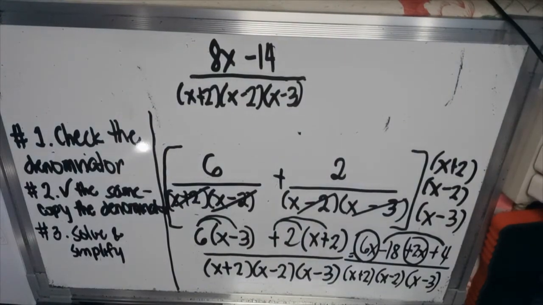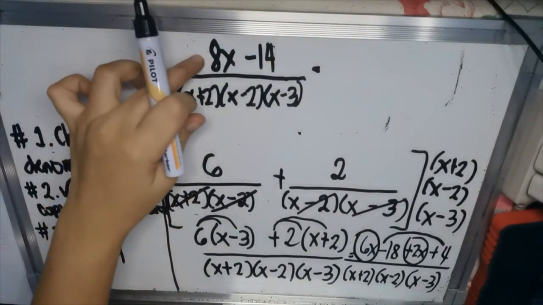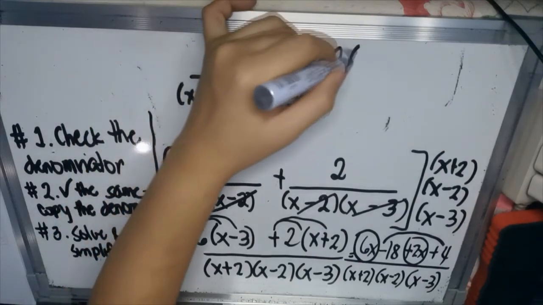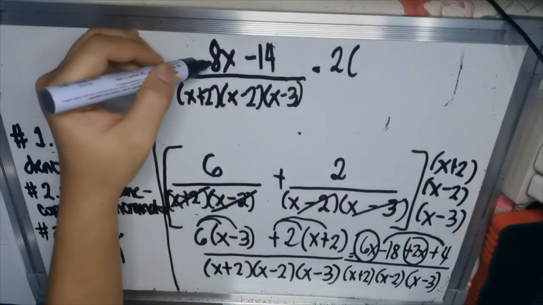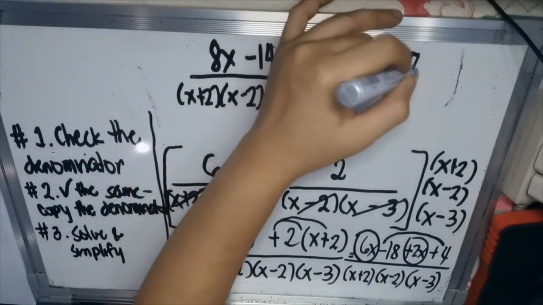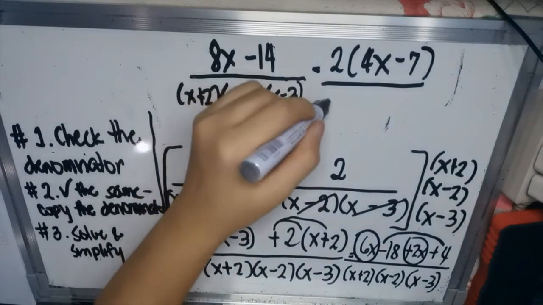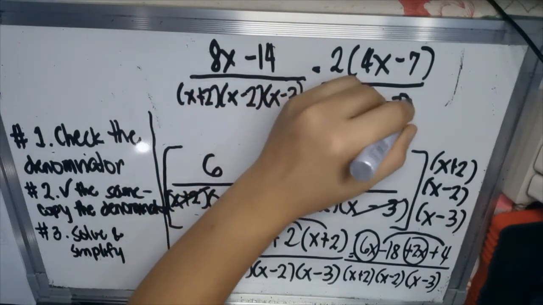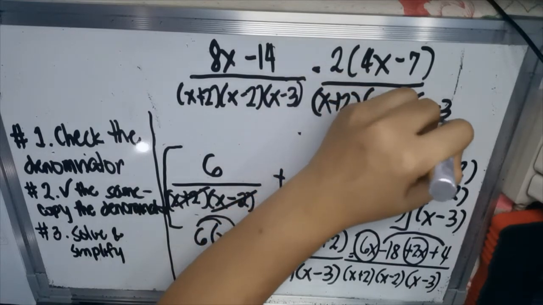Next. Pwede pa ba iyan, ma'am? Pwede pa. Simplify pa natin iyan. Okay? I-factor out natin si 2. Tama? So, we have here 2 times 4x minus 7 all over x plus 2, x minus 2, x minus 3.